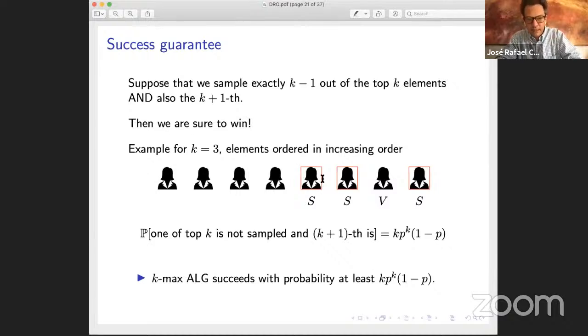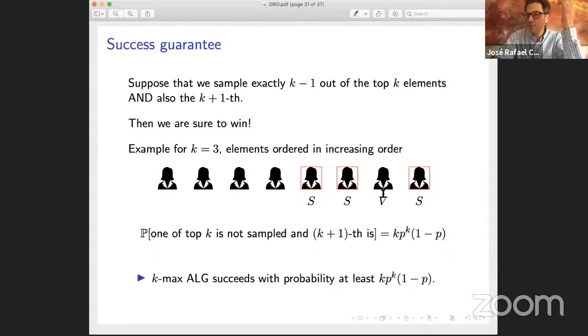So let's say K is 3, this guy is sampled, and out of these 3 guys, here we sample 2. So then the algorithm will win, right? For sure. Because our algorithm is the K-max algorithm. So we look at our values in S. K is 3 here. We have 3 values. This is our threshold, and we'll only stop when we see this value. Right? So then we're guaranteed to win in this particular situation.